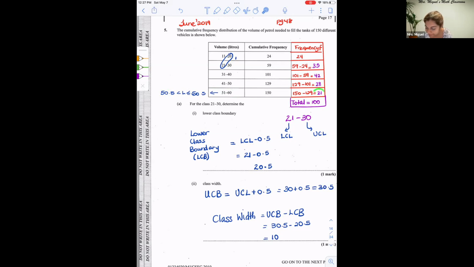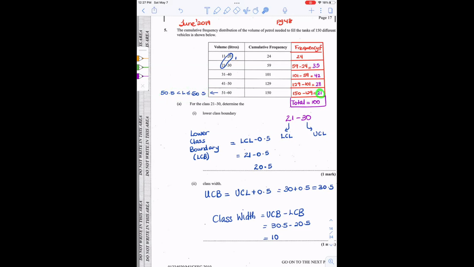What is the value? How many vehicles are we looking at? How many vehicles use fuel more than 50.5? 21.